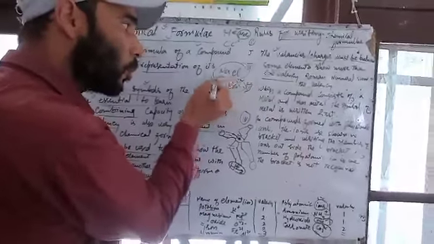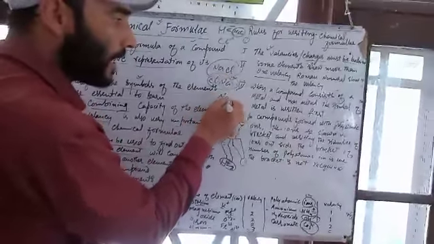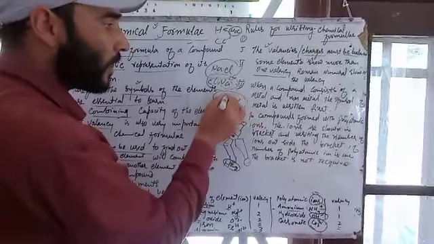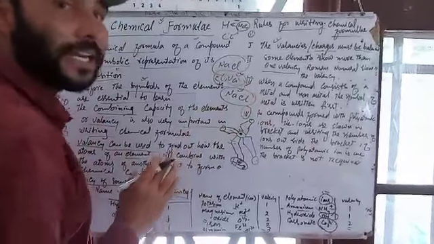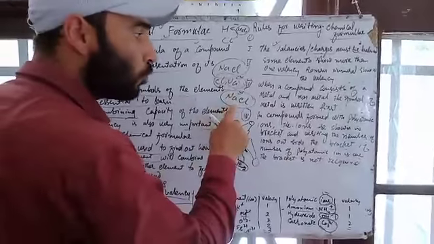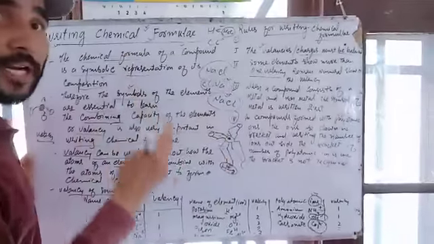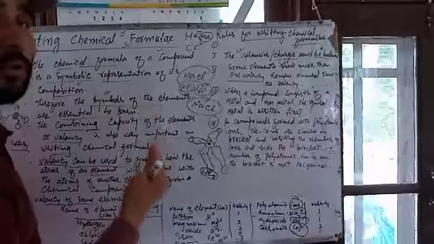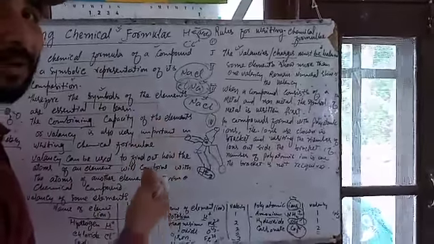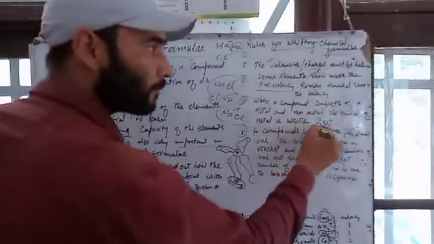Sodium is the metal, chlorine is the non-metal, so Na first and Cl then. That is why NaCl, not ClNa.